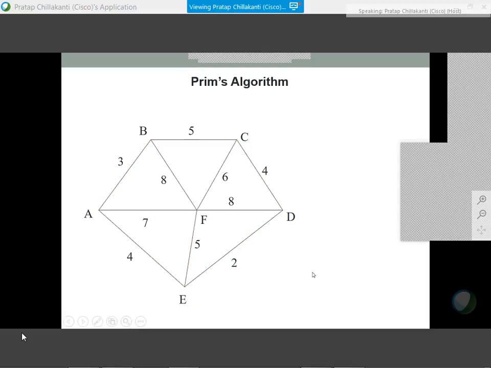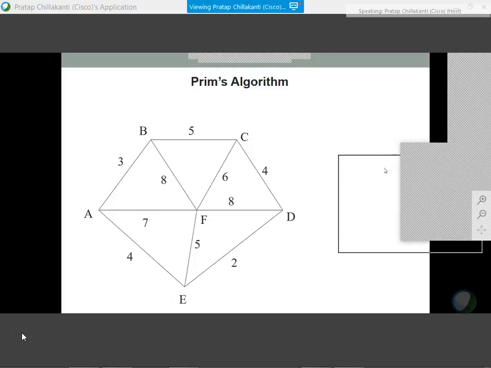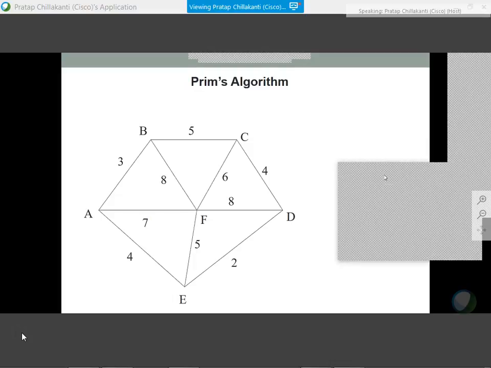Now, same thing, Prim's algorithm. What I want you to do is take Prim's algorithm. Please copy this, mentors, just like how you have done. Students, copy this picture on your piece of paper. Tell me that you are done.